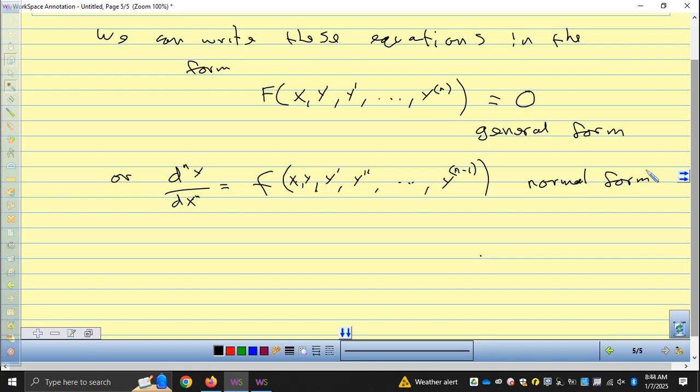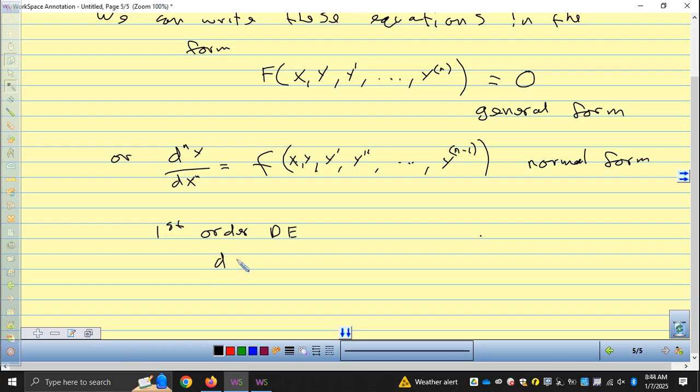For first and second order differential equations, we can write it in the form dy dx equals some function of x, y.